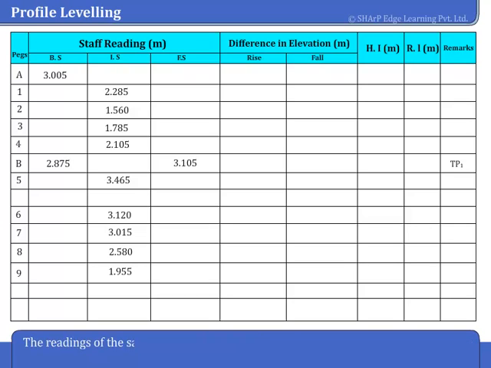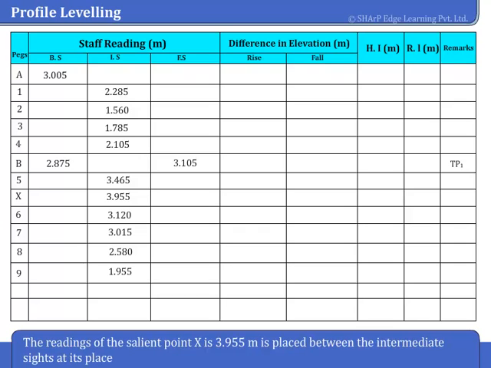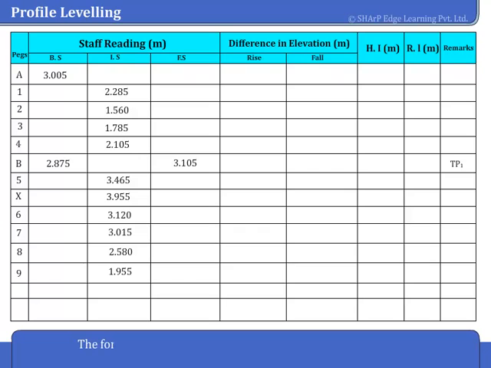The reading of the salient point X, 3.955 meters, is placed between the intermediate sides at its place. The foresight 1.465 meters taken at station C is placed in its row.